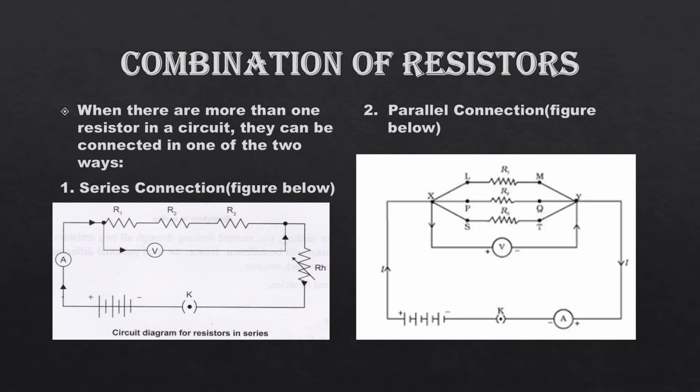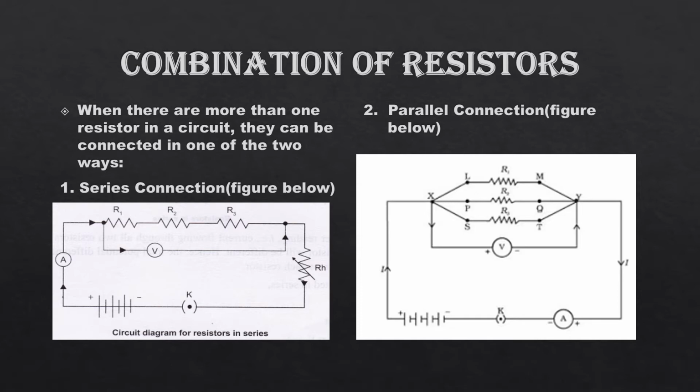Here we'll discuss only with respect to the three resistors, R1, R2 and R3. Don't discuss A, V, K; that means ammeter, voltmeter, plug key, battery, all those do not matter. Focus more on the three resistors. In the first case, R1, R2, R3 are all in the same line.